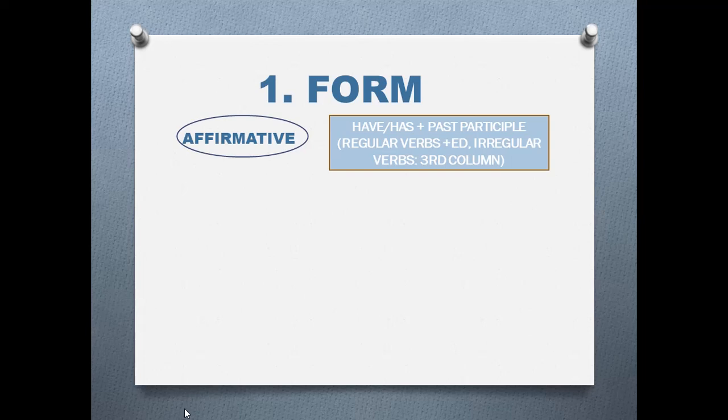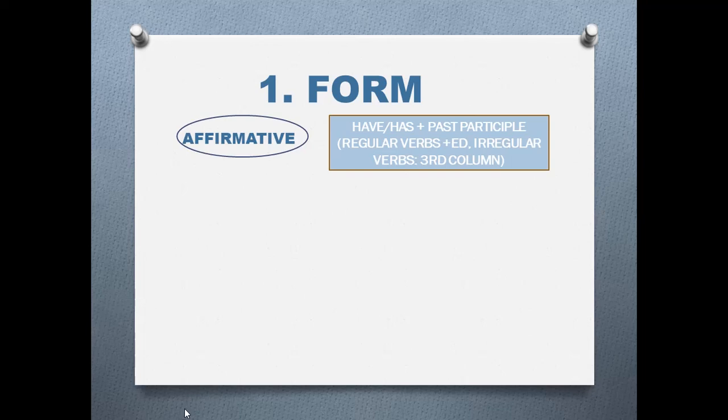Then, if you have an irregular verb, it could be the third column. If you remember last year, I told you that you didn't have to learn the last column of the irregular verbs because we were just going to work with the past simple form.